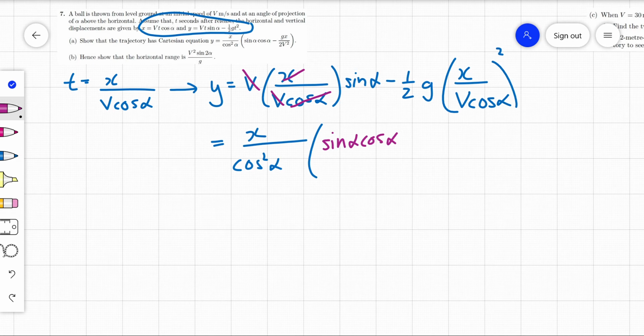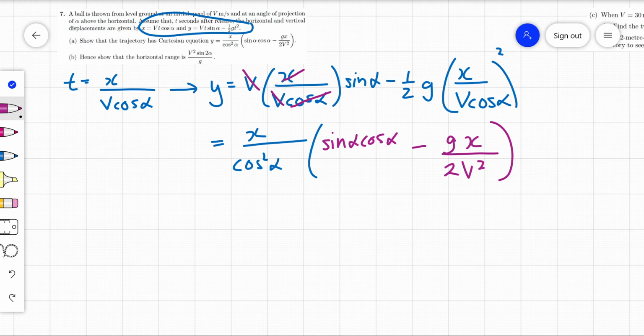Then we've got minus a half g, the x is squared so one of the x's is out the front and I still need another x inside, I've got a v squared, and a cos squared alpha that's out the front. So I just get the equation there.